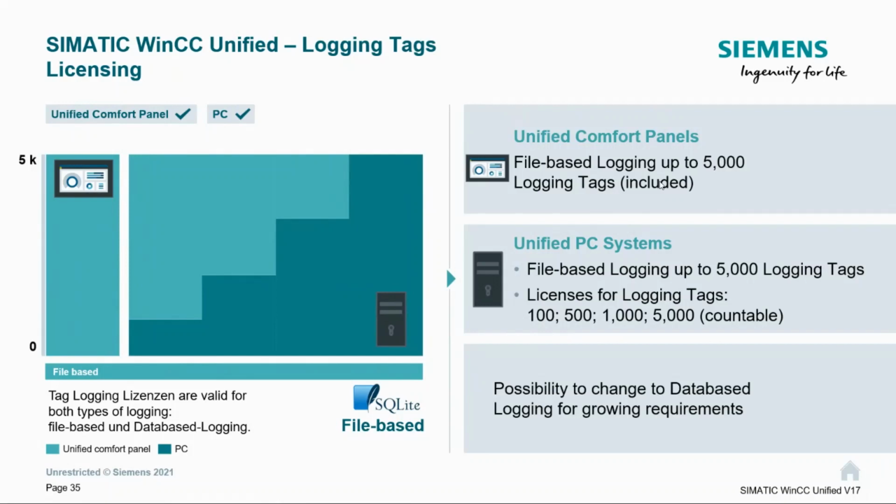On the PCs, you can go up to 5,000 tags, but you have to purchase that in different increments: 100, 500, 1,000, 5,000, and it can be added up. So I could take 500 and 100 and make 600 if I needed that. But the limit is 5,000.